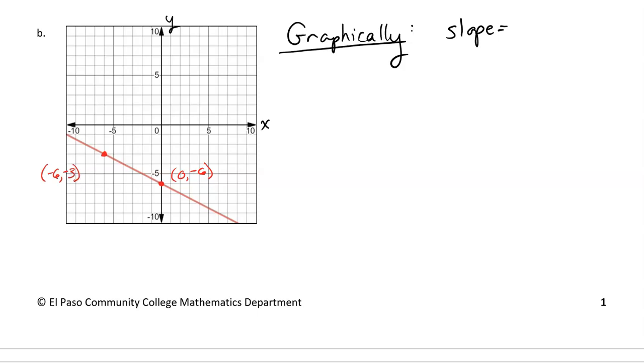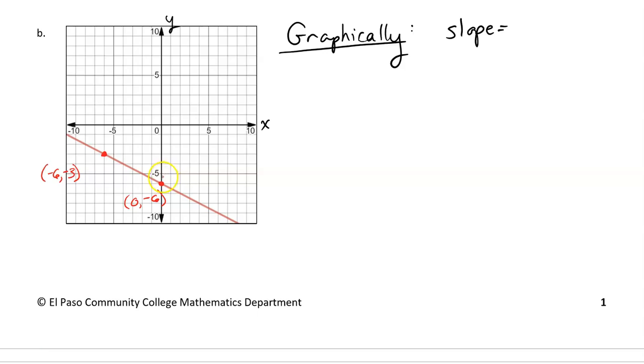We'll use those in the next step, but let's count for now. So I'm going to have to count the rise and the run. If I'm going from this point, the 0, -6, to my other point, I'm going to count the rise first because it'll be my numerator. In this case, I'm going to go up because I'm going in this direction here.